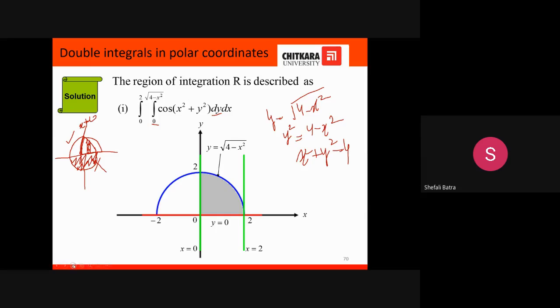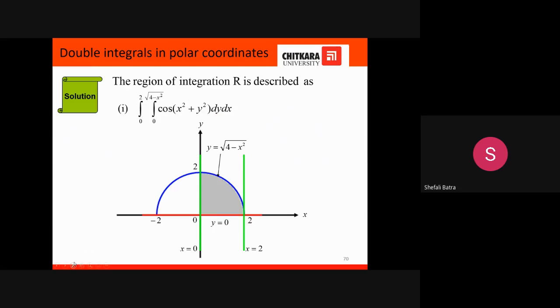Now you have converted it to double integration of cos of r square, and dx dy would be replaced by r dr d theta. And now you know this is the region of integration.